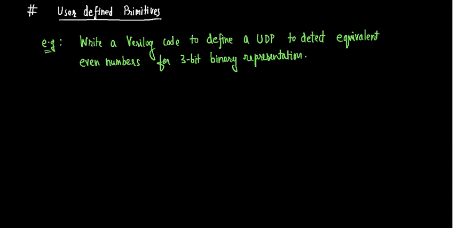Yeah, after that colon 0 1. Oh wait, here it should be colon 1. 1 0 should be 1 and 1 1 is 0. End table and end primitive.